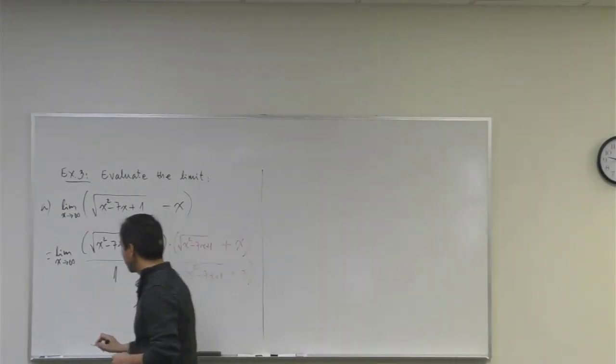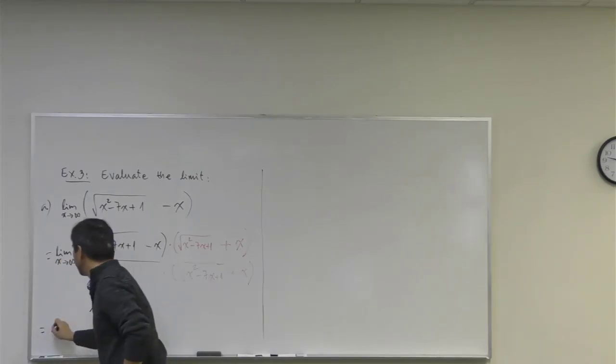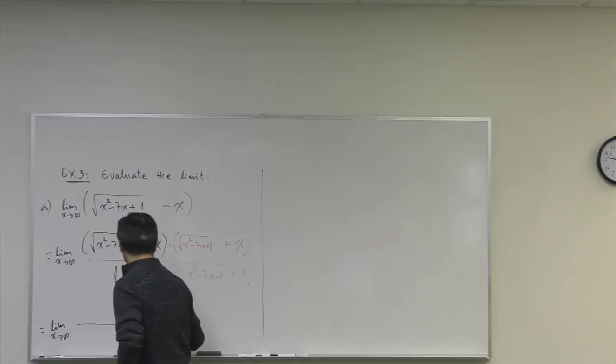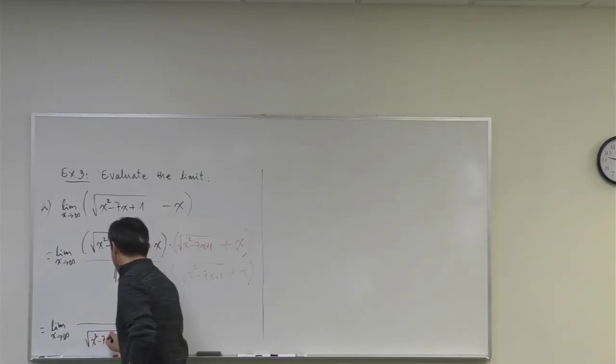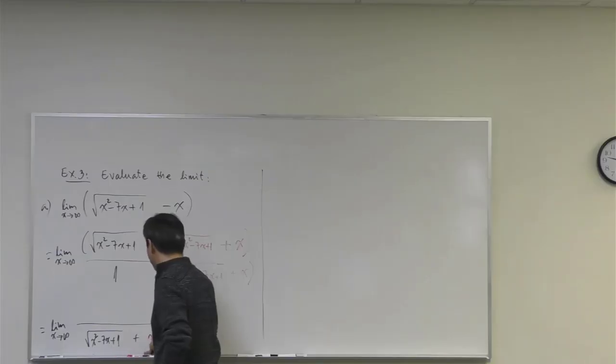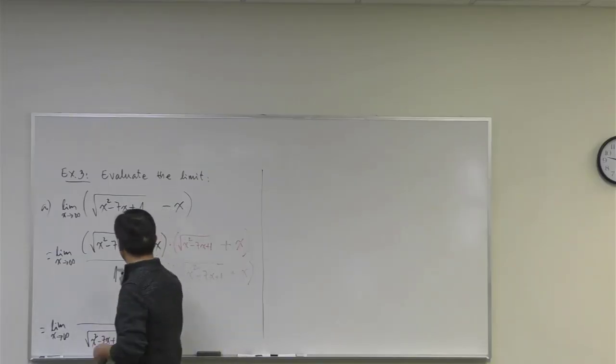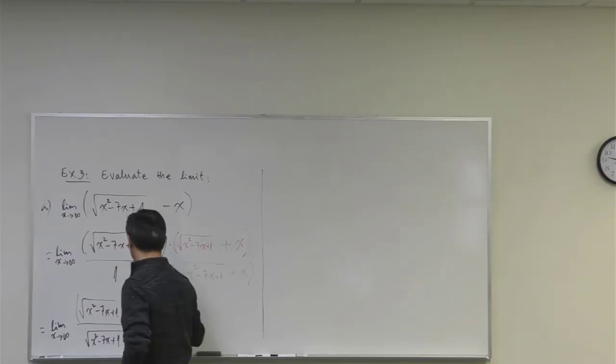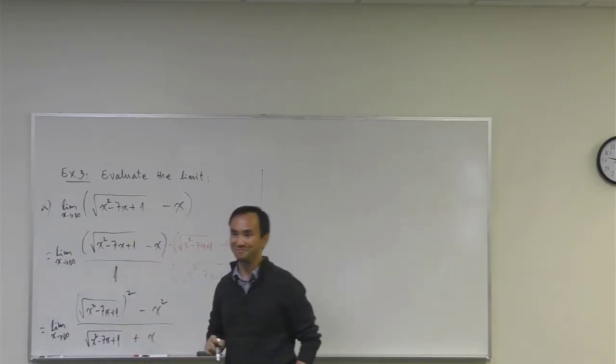So now my next step here, yes, is still a limit problem, right? But now I have produced for myself a fraction. The denominator here becomes the square root of x squared minus 7x plus 1, plus x. The top is going to give me the square root of x squared minus 7x plus 1, all squared, and minus x squared. You good with that still?